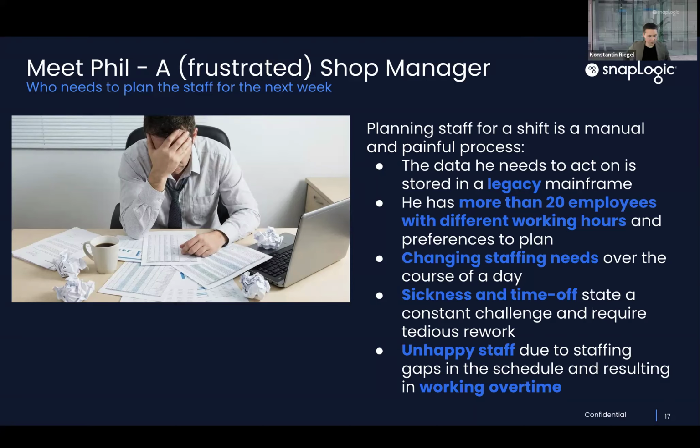And on top of that, he has more than 20 employees per shop. He needs to plan according to their working hours, their individual requirements, when they're available and when they're not. And also the staffing requirements change over the course of a day.